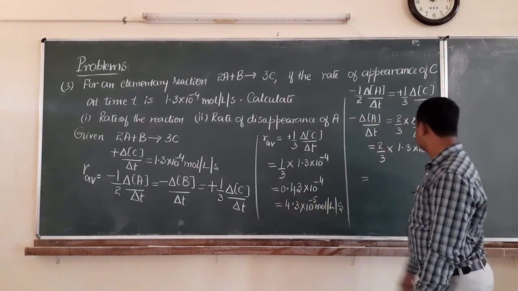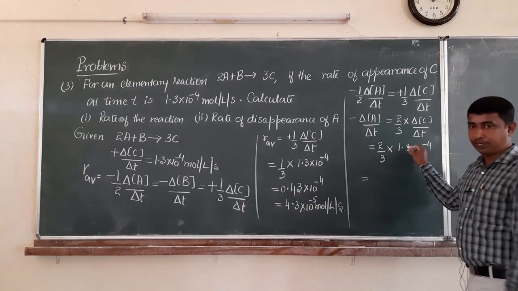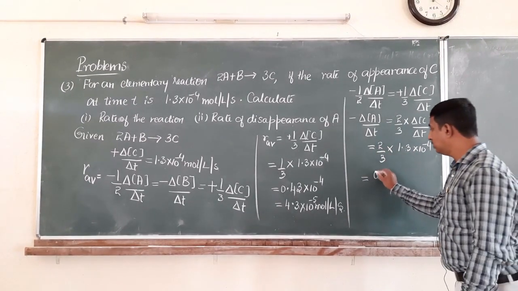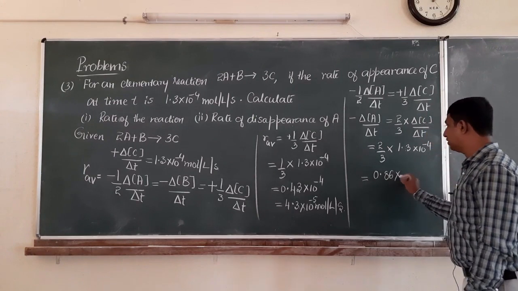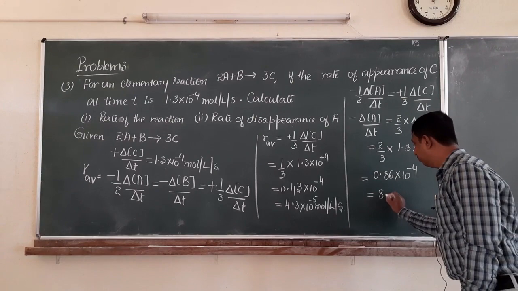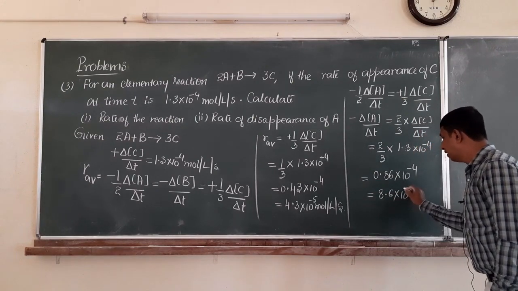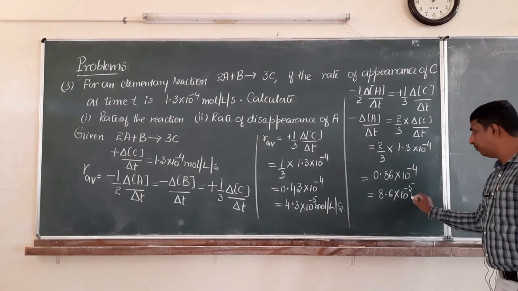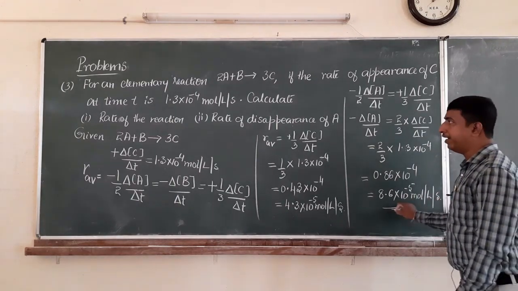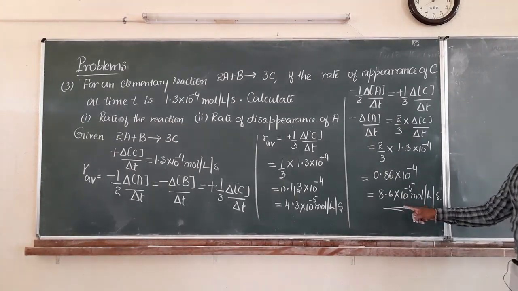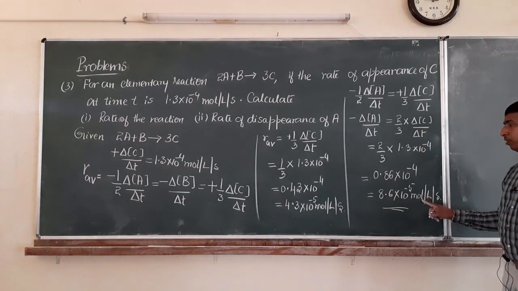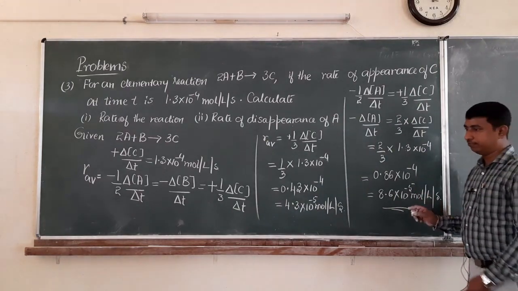We got the value, 0.43. 0.43 into 2 is 0.86 into 10 to the power minus 4, or it is equal to 8.6 into 10 to the power minus 5 mole per liter per second. So the rate of disappearance of A is equal to 8.6 into 10 to the power minus 5 mole per liter per second.